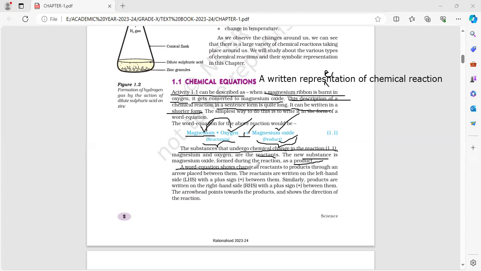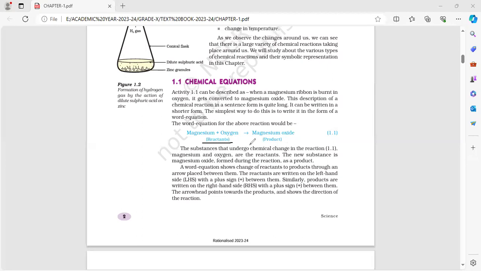So a word equation shows the change of reactants to product through an arrow placed between them. So what is he saying? He means to say that in between reactants and product, there is an arrow. The head points towards the product, and the tail towards the reactants.